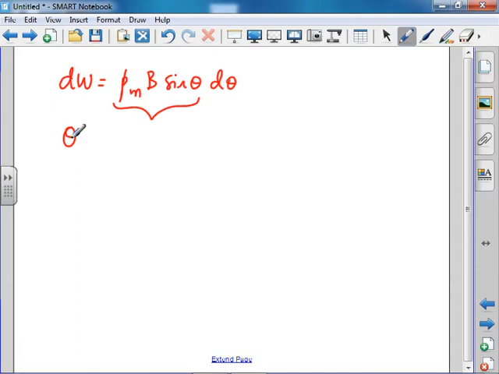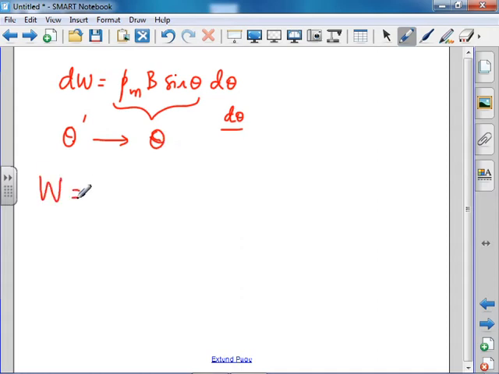Now if a magnetic dipole, that is a bar magnet, has to be moved from the position theta dash to the position theta, what is the work done? The work done we mentioned before is for a small angular displacement d theta. But to move the bar magnet from angle theta dash to angle theta, we have to use the integration method.